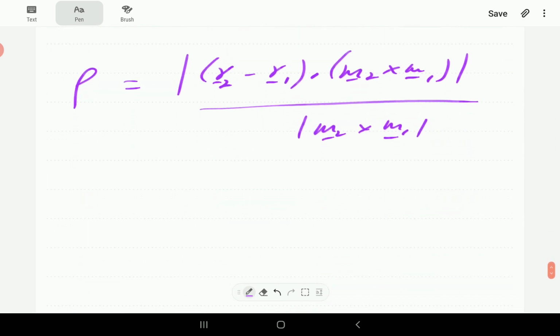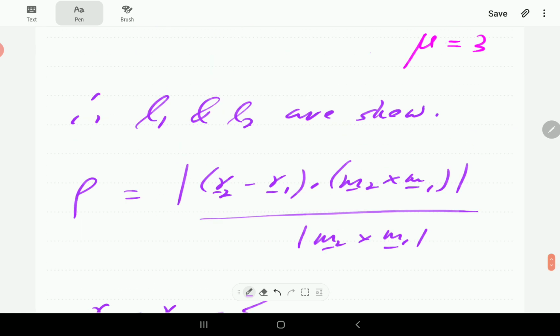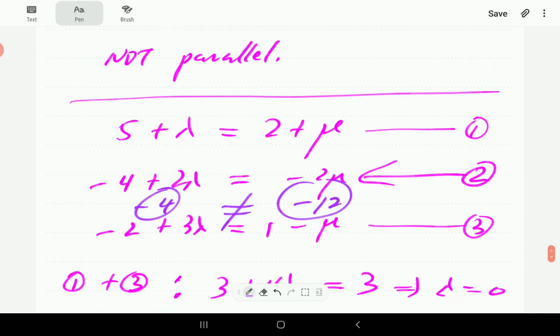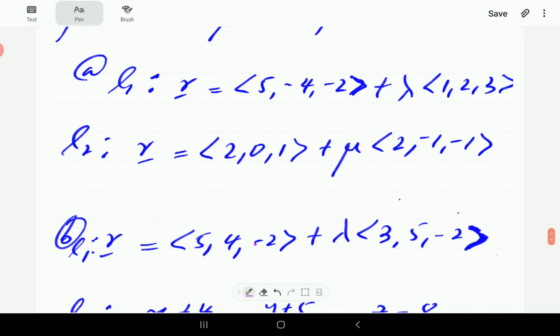I can just say that R2 minus R1 is going to be 3 minus 4 minus 3. Let's see how that works out. So we are subtracting, so R2 is this one, R1 is this one.